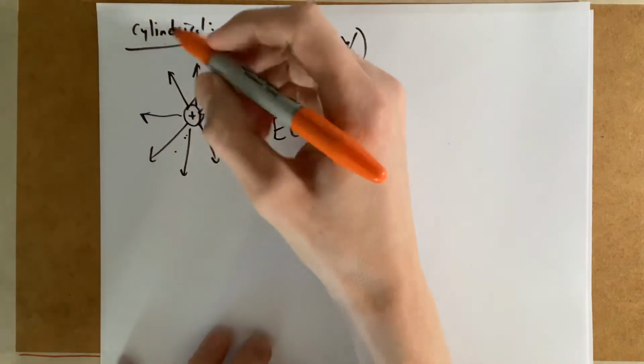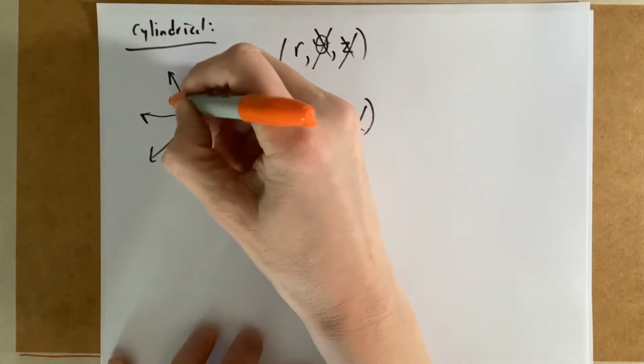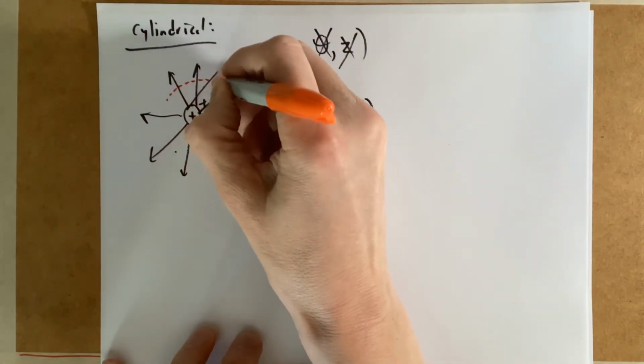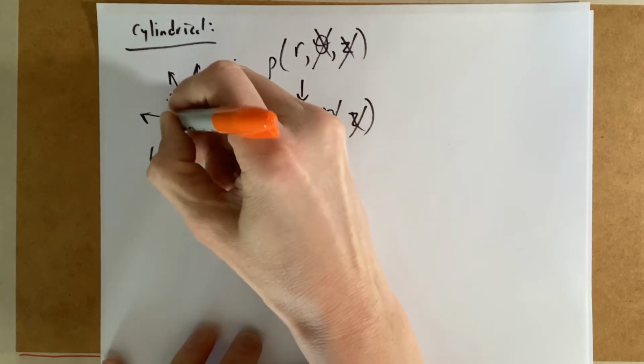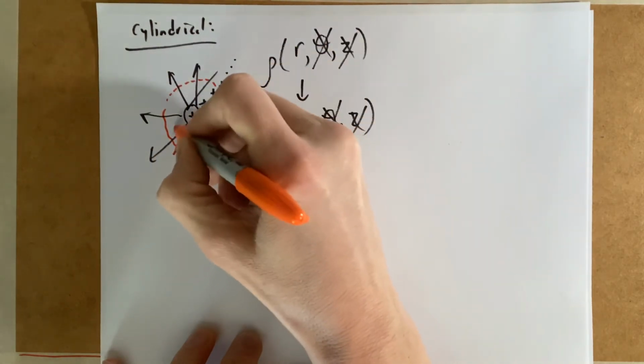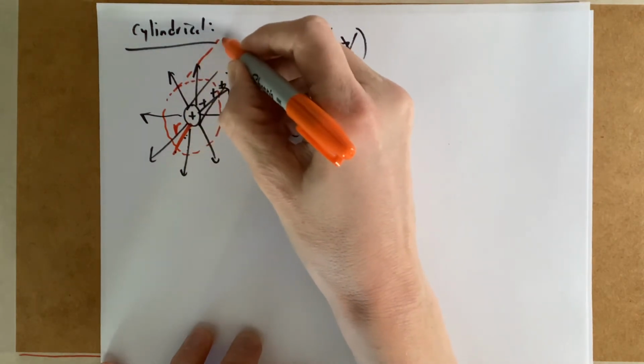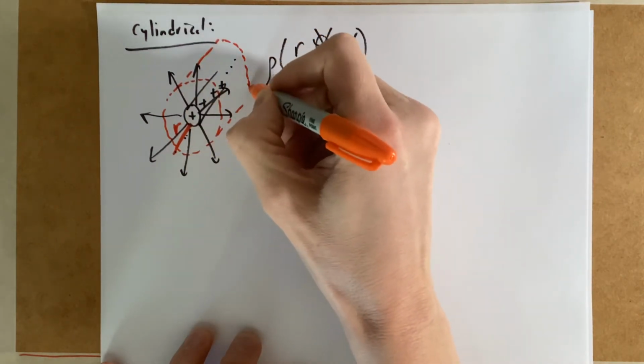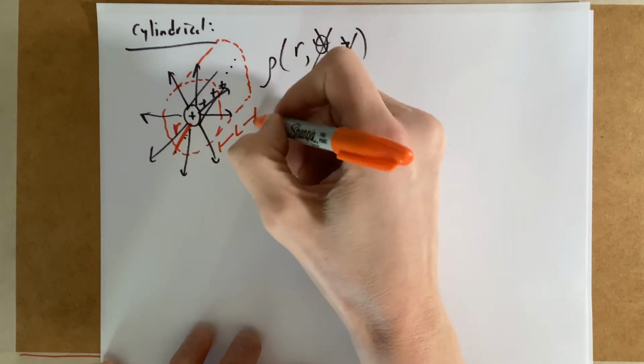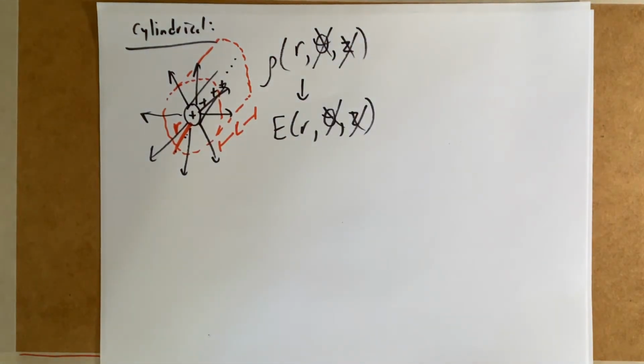For this, it's a cylinder. The cylinder goes around like so. It has a radius r, so it's my testing surface. And because it is a cylinder, it does have a length as well, so I'll call that L, okay?